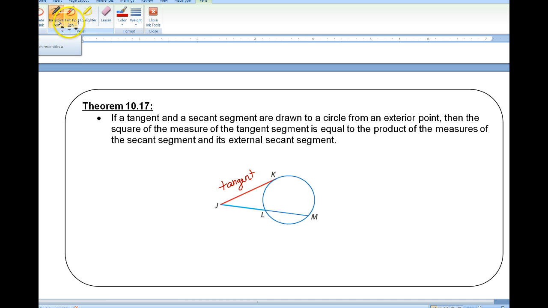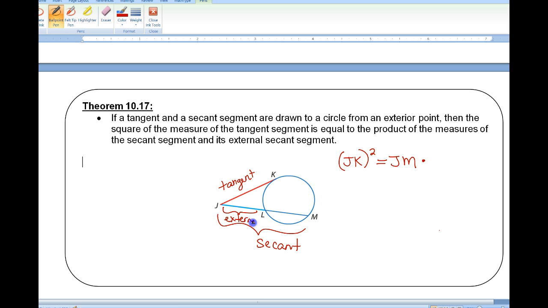JK gets squared, and it's going to get multiplied to the secant, which is JM in this case, times what's external? JL.